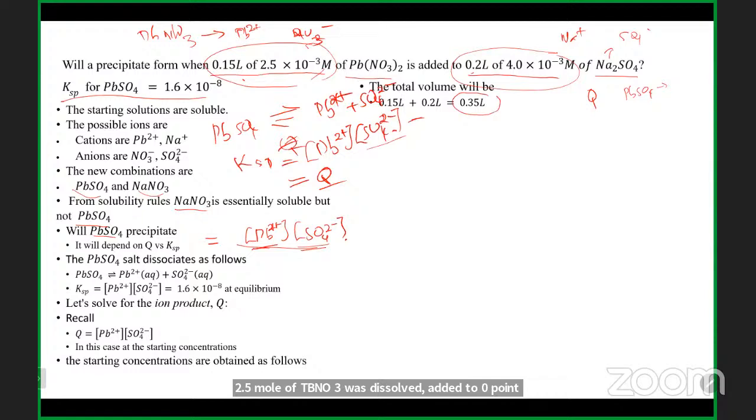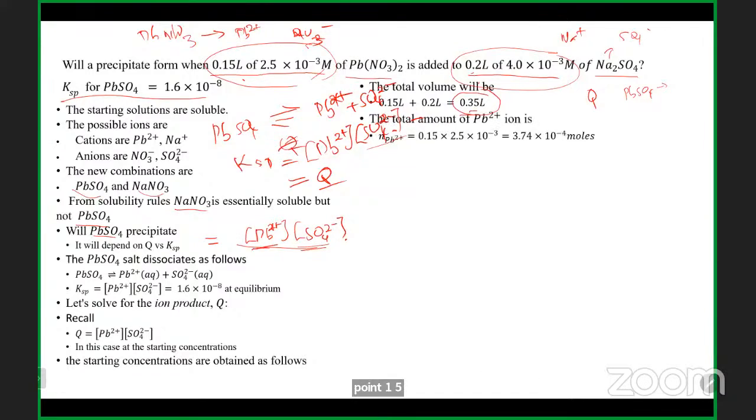So the total volume that we have in our system now is 0.15 plus 0.2, that's 0.35 liter. The number of moles is molarity times volume.